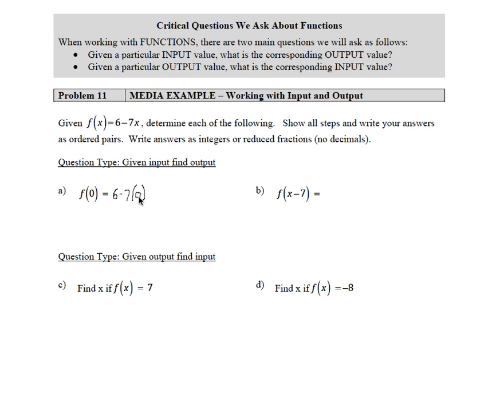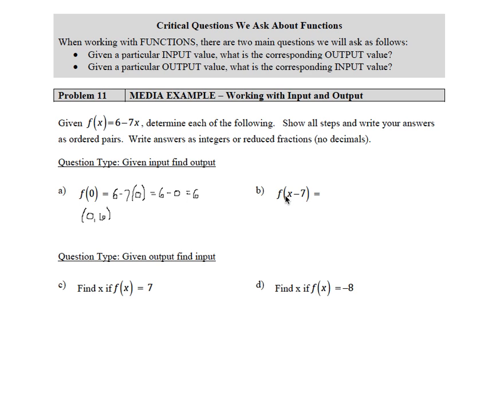So 6 minus 7 times 0 equals 6 minus 0 equals 6. Now let's go back up to the directions. We want to show all steps and write our answers as ordered pairs. So the ordered pair here is input first, 0, followed by output, 6.